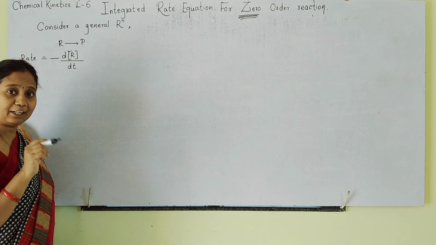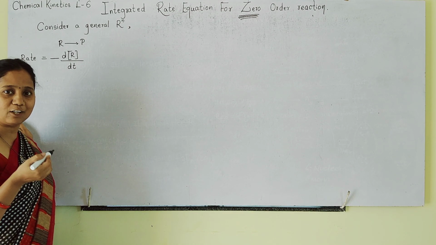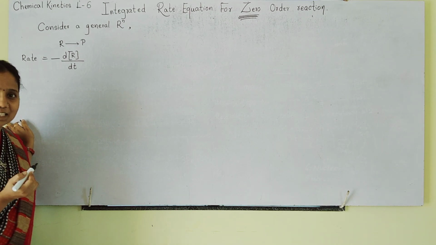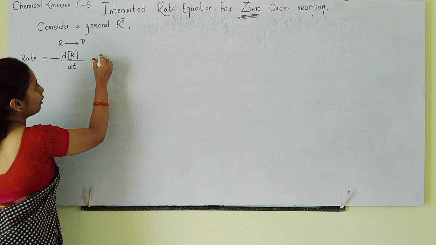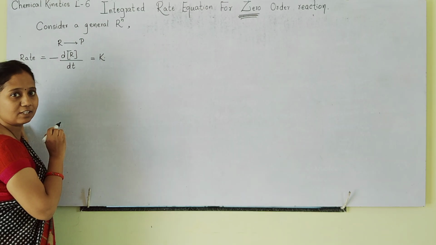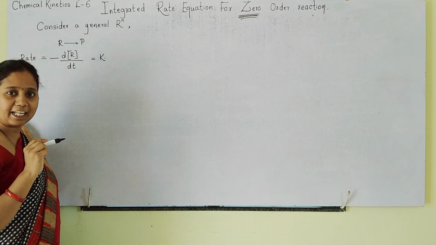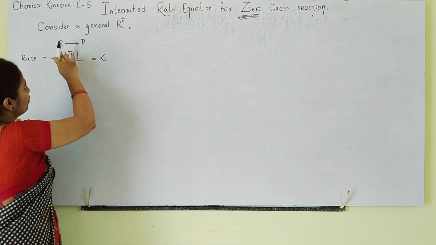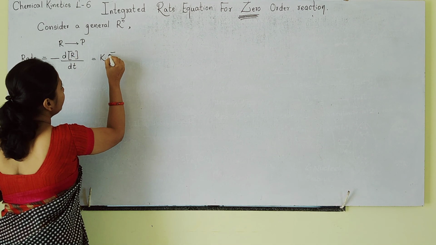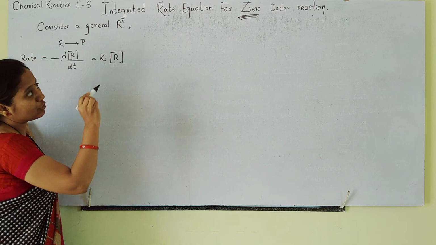Now let us write the rate of the same reaction using the rate law, or let us write the rate law expression. How to write the rate law expression? Rate is equal to, in the rate law expression first we write the rate constant k. The rate law expression states that the rate of a reaction is proportional to the concentration of reactant. So we will see only the concentration of reactant R, for which order reaction?